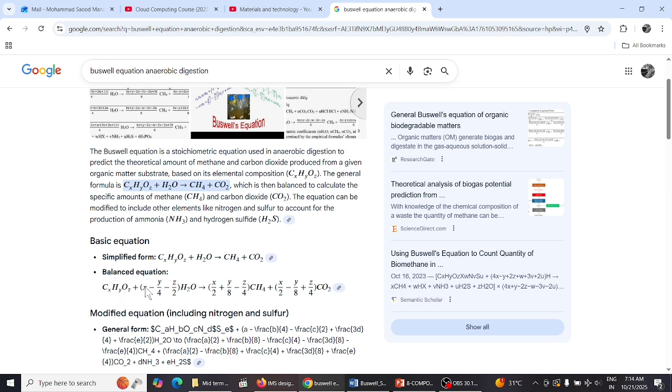The term x comes from the balancing of the equation.